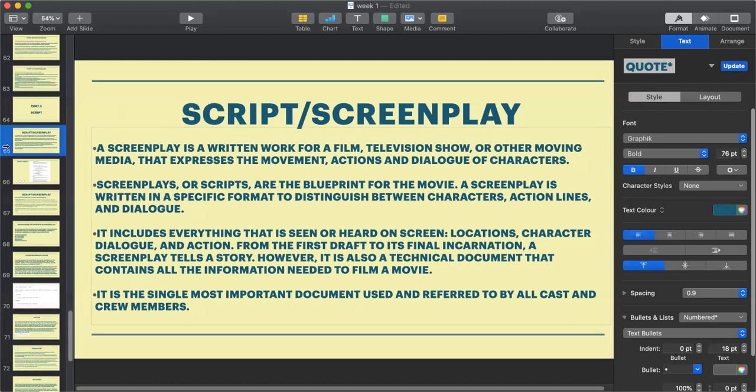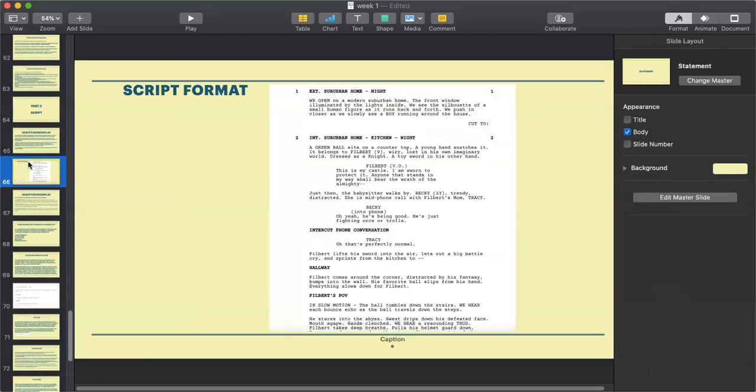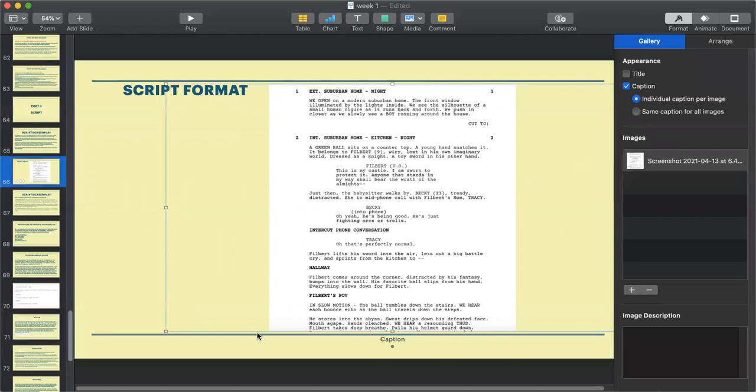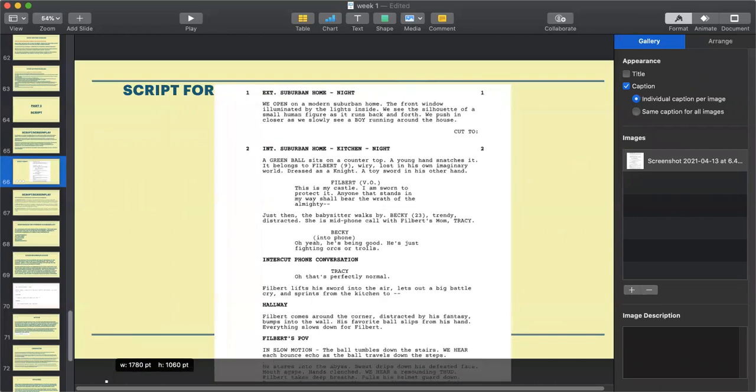Okay, so it's the most important document that all the cast and crew members will have for the film. Okay, and it contains all the information, like I said, the location, the character dialogue, the action, and everything. All right. So to look into the script, this is the basic format of a script. All right.